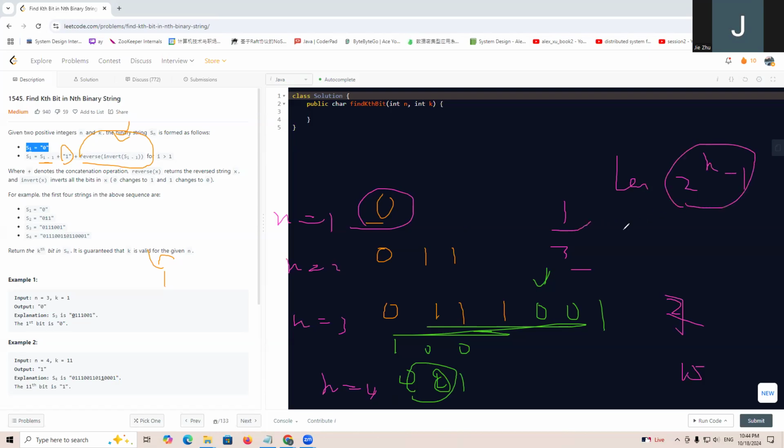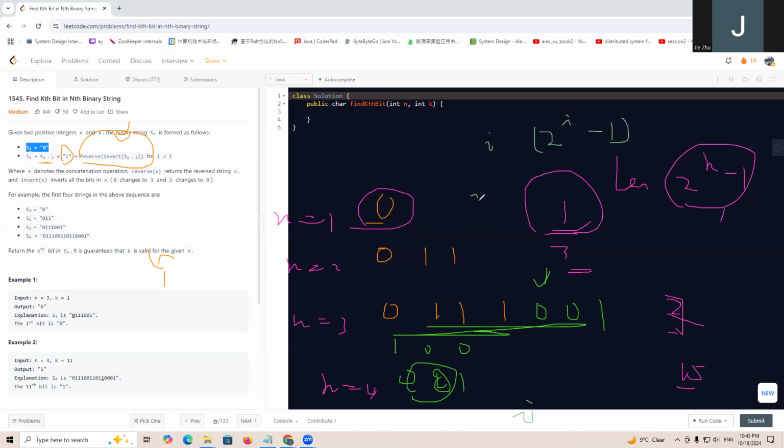We can see that at least for 1, 2, 3, 4 it follows this formula. Now we can also prove it. If, for example, n equals i, the length is 2 power i minus 1.